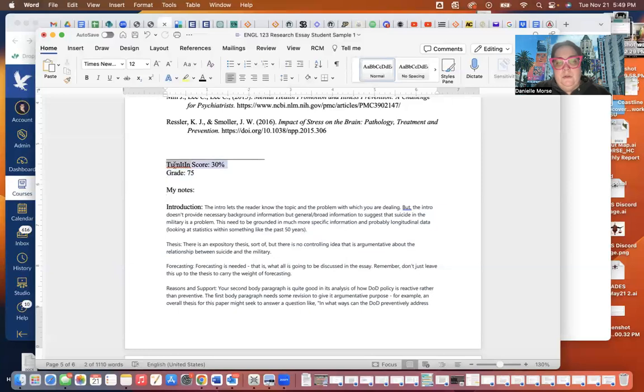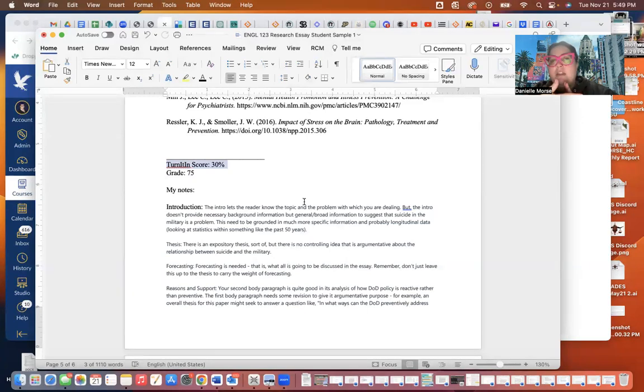And I also noted that the Turnitin score they had was 30%. I'm not going to talk much about Turnitin right now. 30% is an acceptable score. I like to talk about Turnitin as a tool to understand how you are using sources in your work.